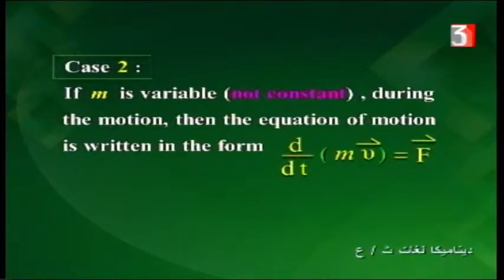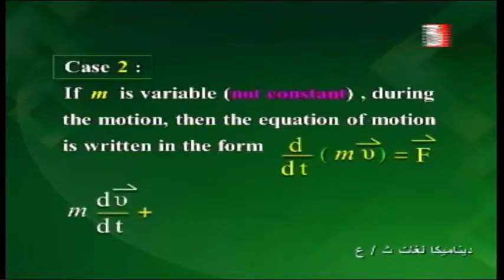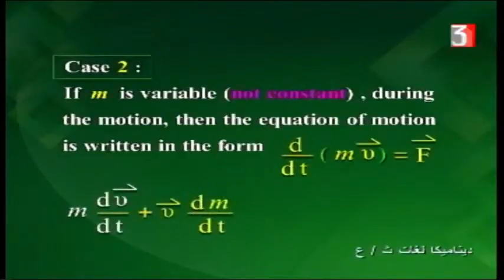It equals m dv/dt plus vector v times dm/dt. The right hand side equals vector F. Then if the mass of the body is variable, Newton's second law can be written in the form m dv/dt plus v dm/dt equals the vector F.